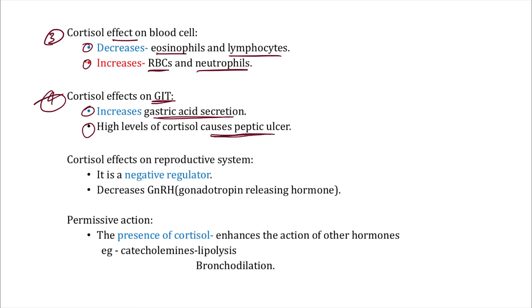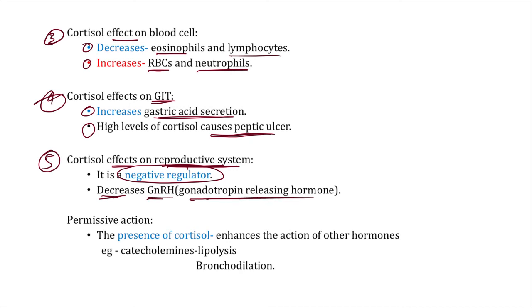High levels of cortisol can cause peptic ulcer because cortisol increases gastric acid secretions. Now the fifth function is the effect of cortisol on the reproductive system. Very important. Cortisol is a negative regulator of reproductive functions. Why? Because cortisol decreases gonadotropin releasing hormone, GnRH.